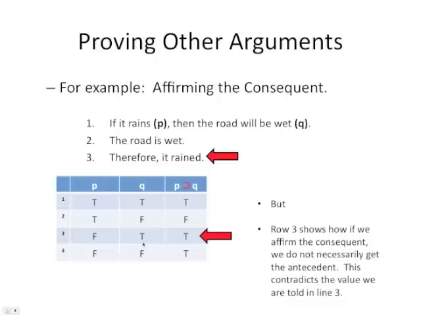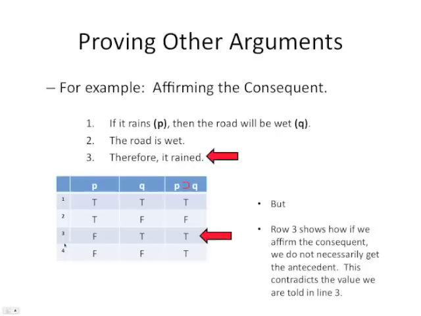And we go to our consequent, the Q statement, the road is wet, being true. But look at what happens with P, right? Trying to conclude that we have P, that it rained. Well, row 3 shows us the situation where if P then Q is true and Q is true, P is false. And so there we have an actual contradiction between what's stated in line 3 and what actually happens in row 3. All right, so therefore it rained, but no, in row 3 it says it didn't rain.